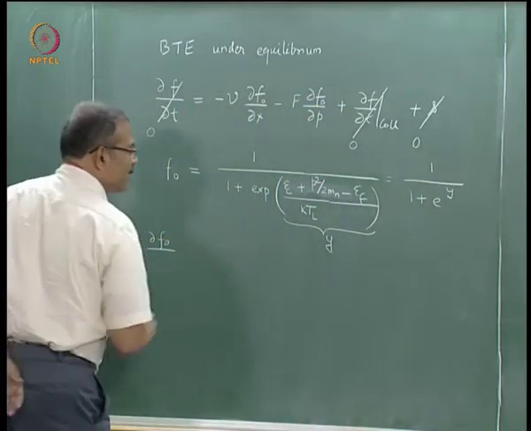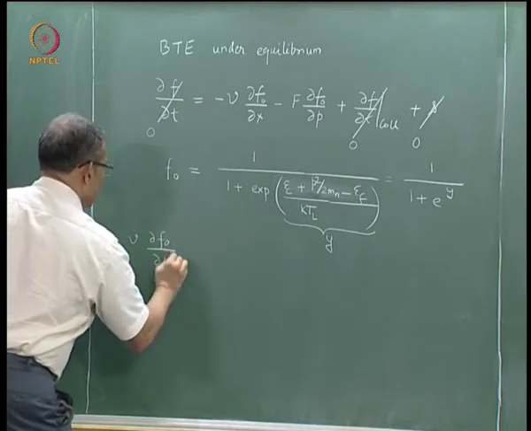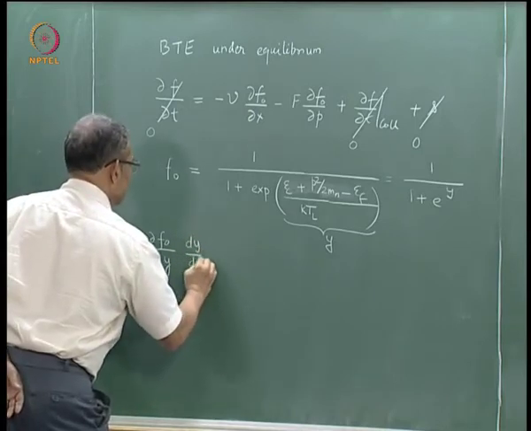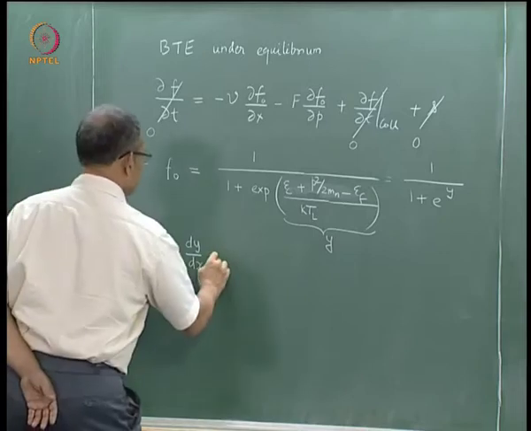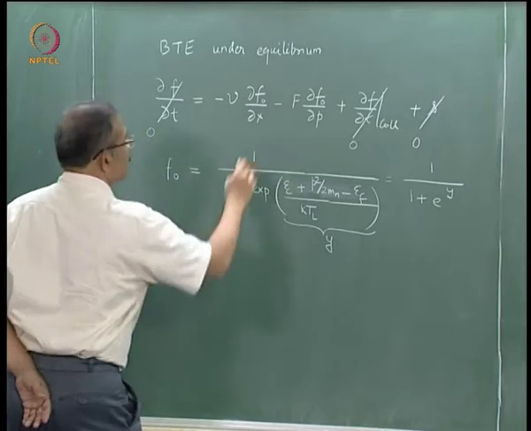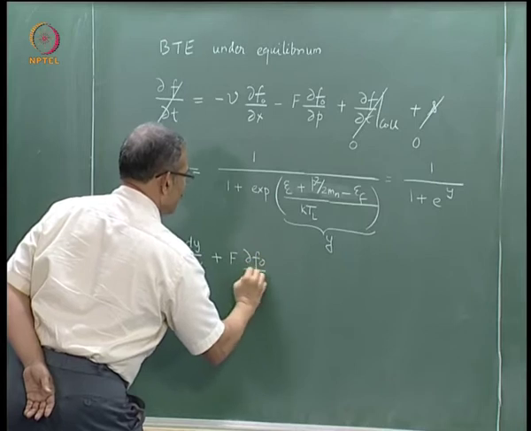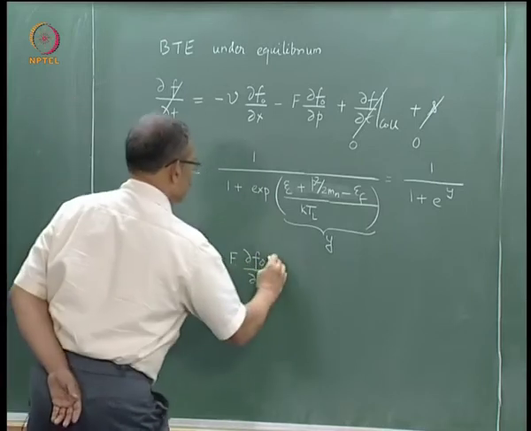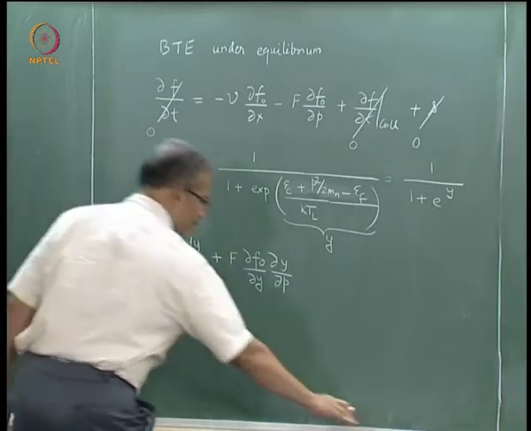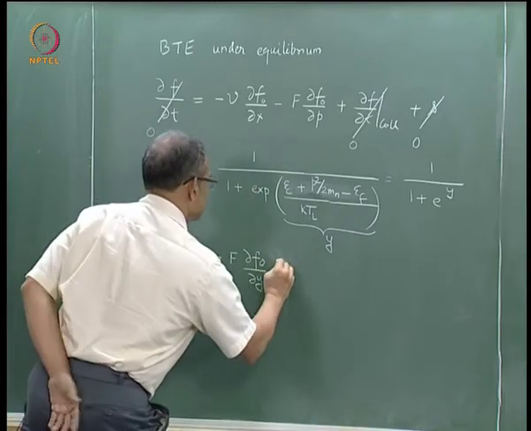Now we use y as a variable, then I can write dou f naught by dou x as dou f naught by dou y into dou y by dou x, and similarly plus, now I am removing the negative signs, right, plus here also I do the same, I write dou f naught by dou y into dou y by dou p, oh sorry, it is dy by dp.